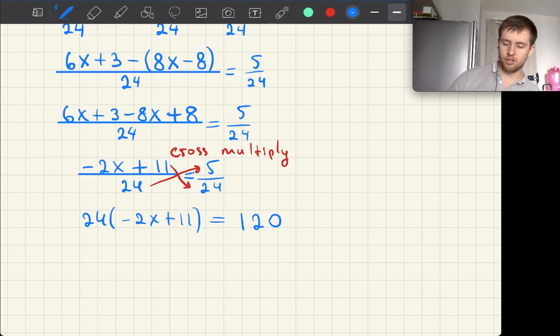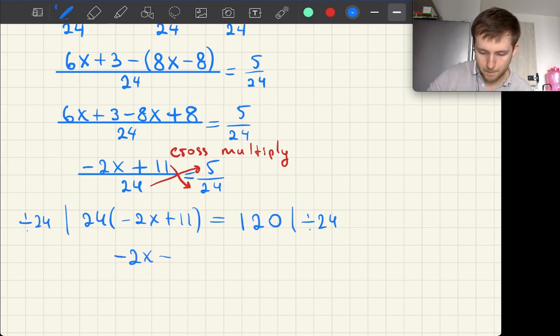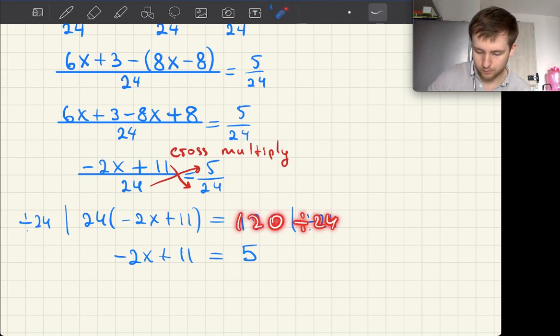I think it's better in this case to divide both sides by 24, so that we can cancel it here. So we have minus 2x plus 11 equals 5, because 120 divided by 24 is 5.